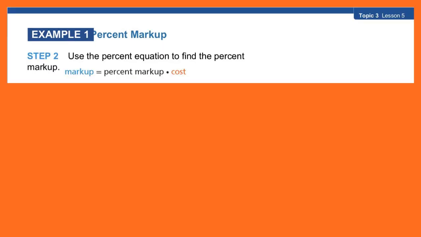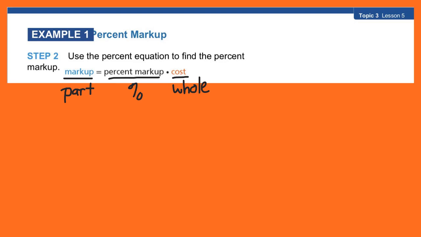So we can use the % equation to find that. This looks very familiar to me. They're just using different words. The markup is the part that they are going to add to the price. This is still a %, and this is what's called a wholesale price, or what the store bought the item for.